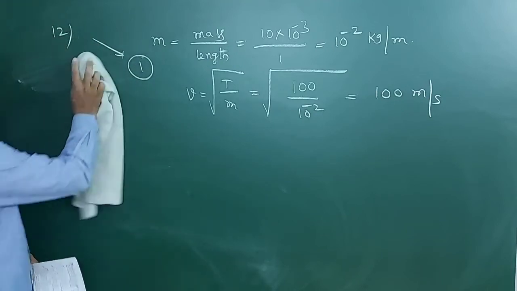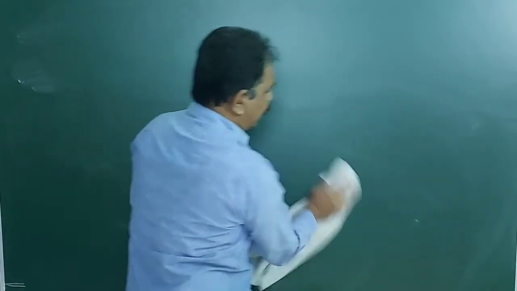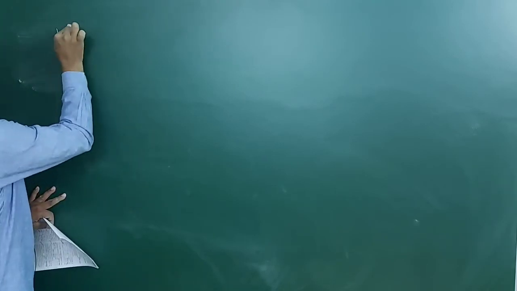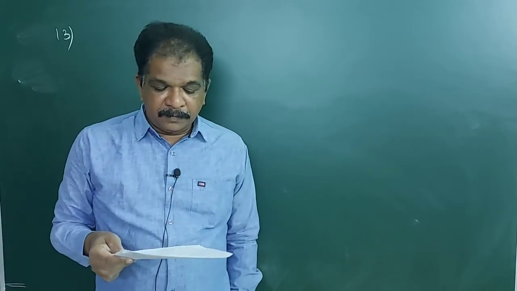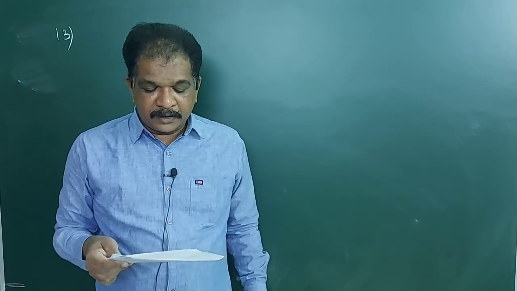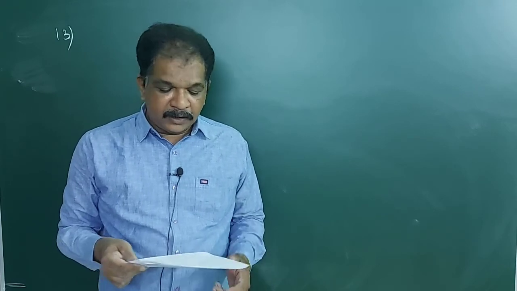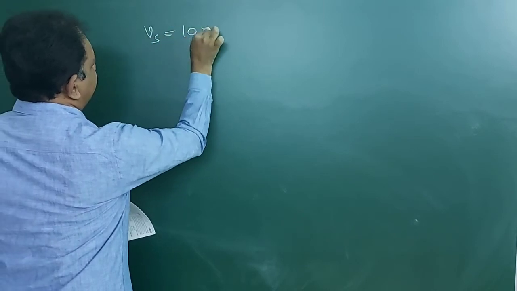Next. Question number 13. What they are asking, see. A train is approaching towards the platform with a speed of 10 meter per second. Velocity of the train will be the source.